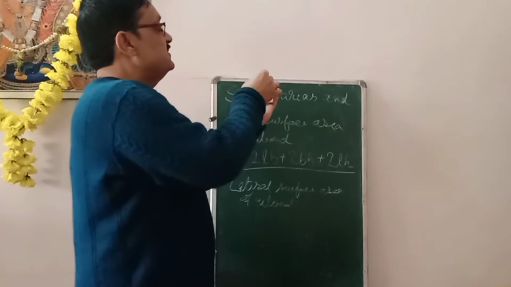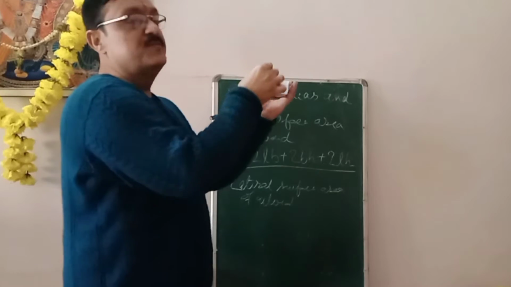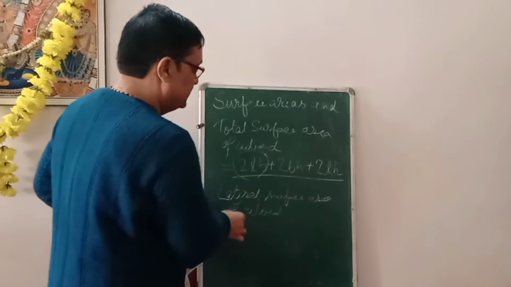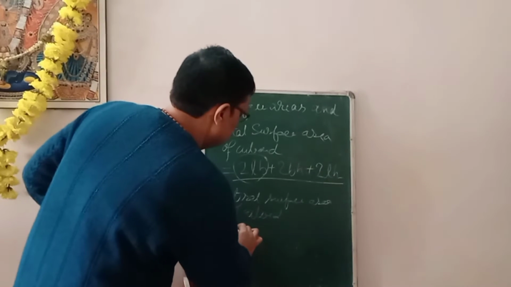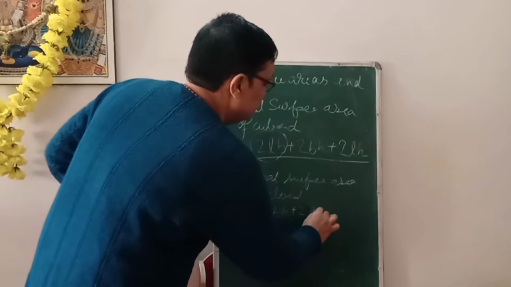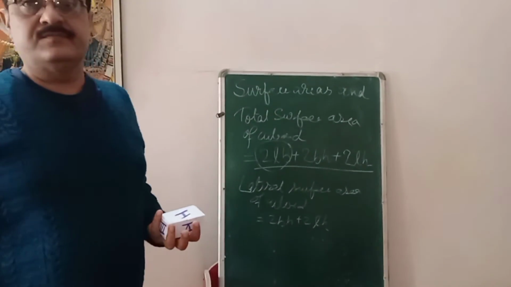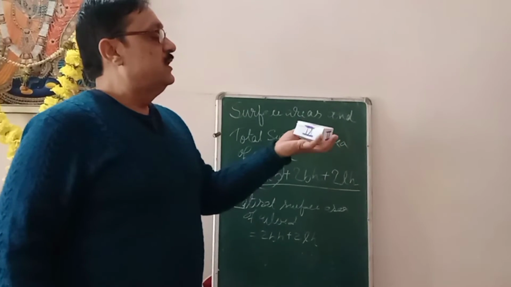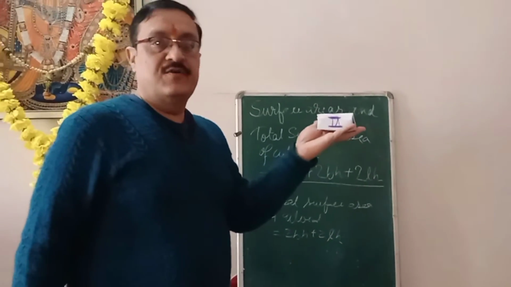Top and bottom is L into B, L into B. So we exclude this, then it becomes lateral surface area. So this is 2BH plus 2LH. I think it is clear and we should keep this figure in our mind.